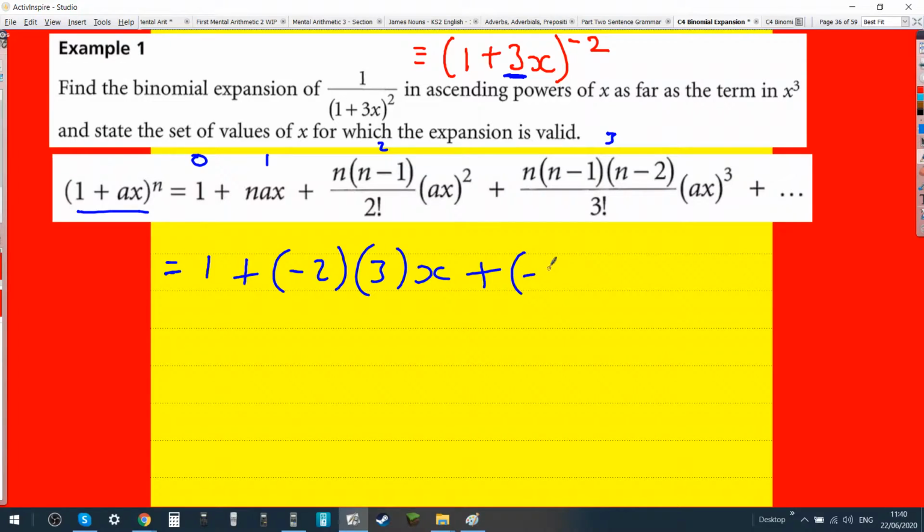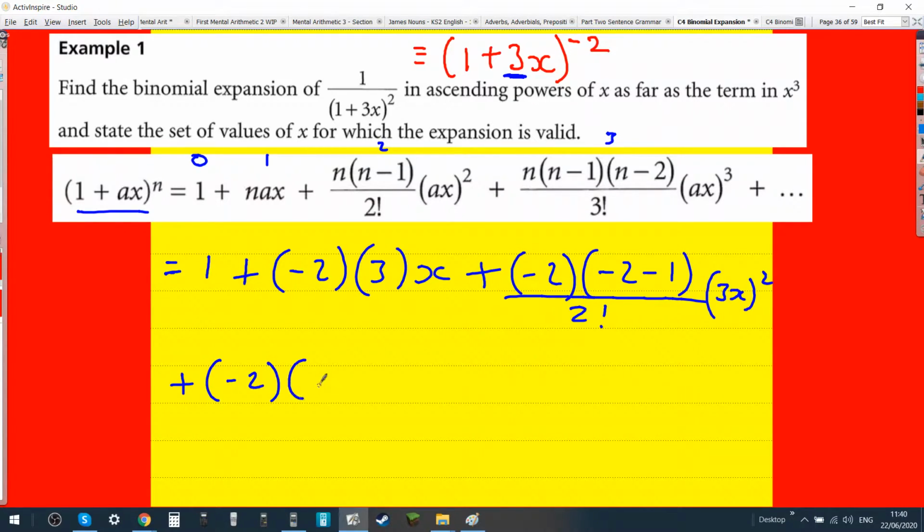Then -2 and then brackets -2 -1 over 2 factorial, and then 3x squared. And finally plus -2 times -2 -1 times -2 -2.